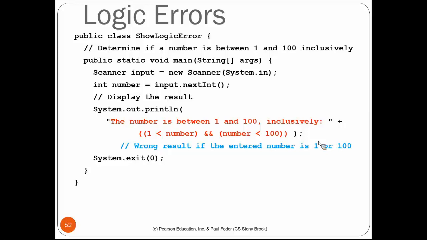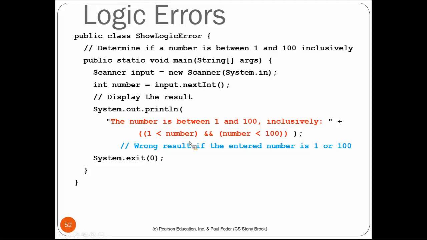And finally, logical errors. Logical errors is when we implement a program, but that program does not actually implement what the requirement was. So for instance, in this case, we will actually talk about this in a future lecture. We basically check if a number is between 1 and 100, including 1 and 100.